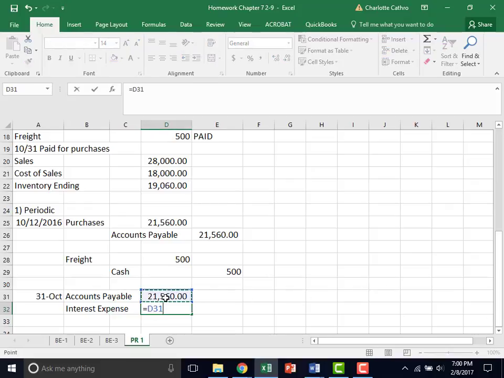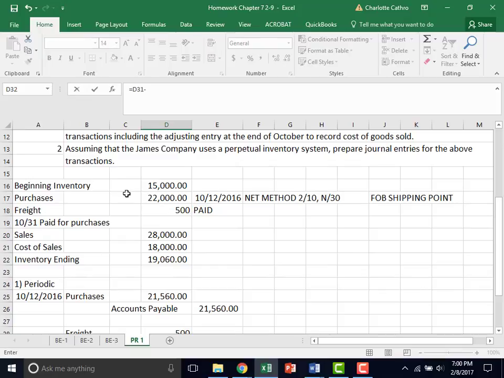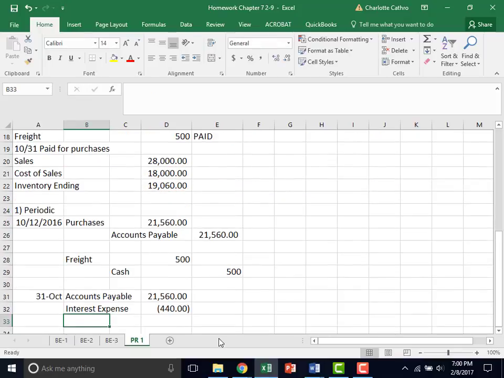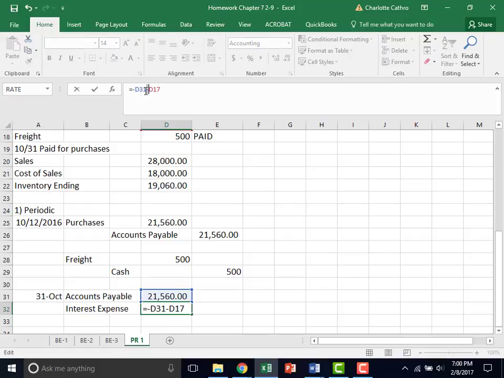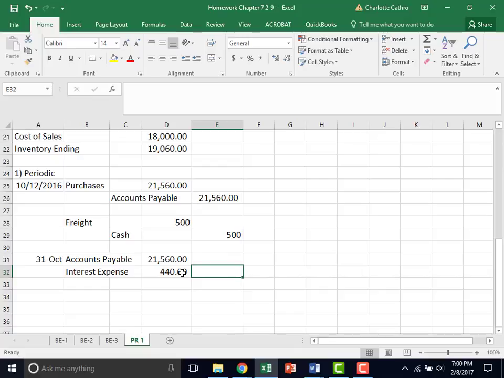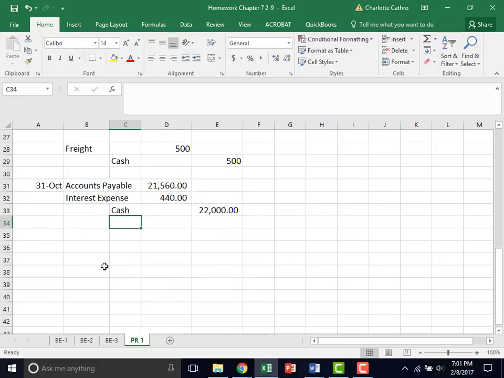So the amount of that is the 2%, or if you just subtract that from the purchases, the difference here, $440. This is also 2% of the 22,000. And we pay in cash the full amount of the purchase. We don't get the discount. We pay $22,000.